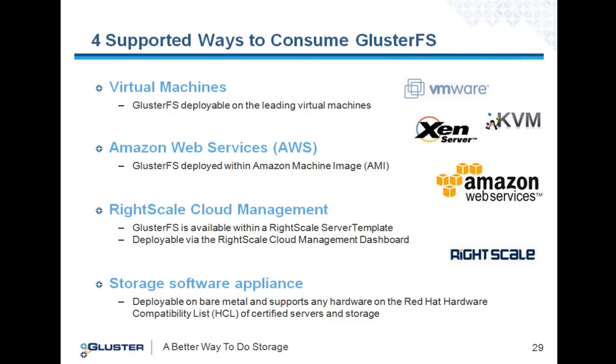Also, what's not on this slide is the GoGrid implementation, or the GSI, Gluster server image for GoGrid, and that is directly deployable and purchasable at gogrid.com. So you can now deploy GlusterFS Cloud NAS within a GoGrid environment.